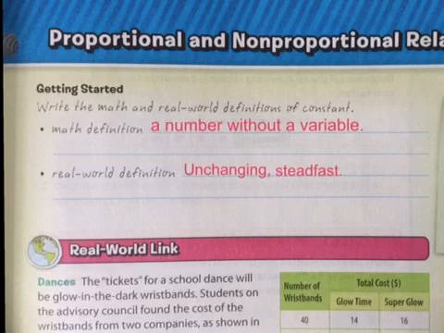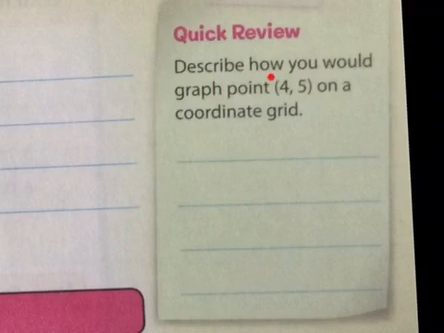Okay, let's take a look at the quick review. Describe how you would graph (4, 5) on a coordinate grid. Remember that the 4 is your x-coordinate and 5 is your y-coordinate.